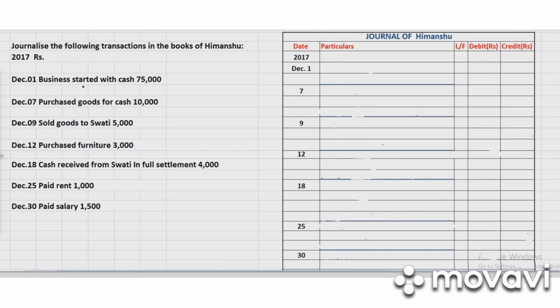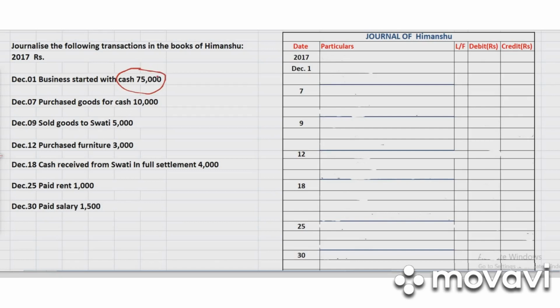is that the business started with cash. The businessman is starting the business with cash rupees 75,000. Now in this transaction, there are two aspects. One is the cash aspect, another one is capital.